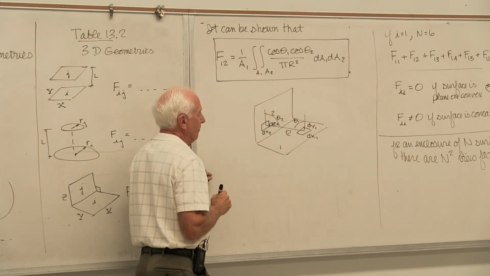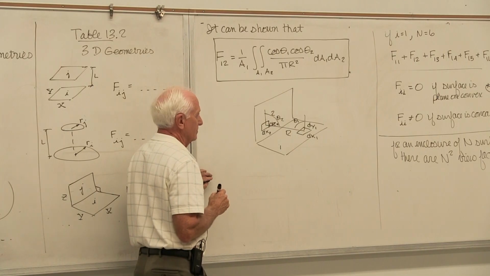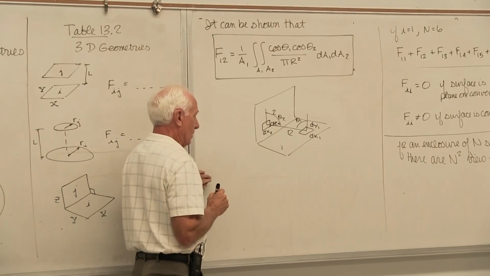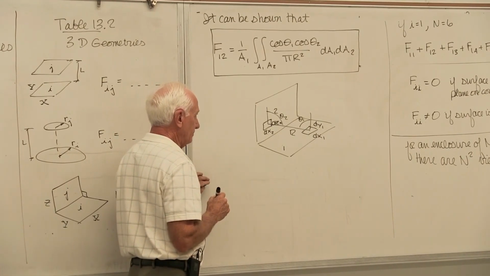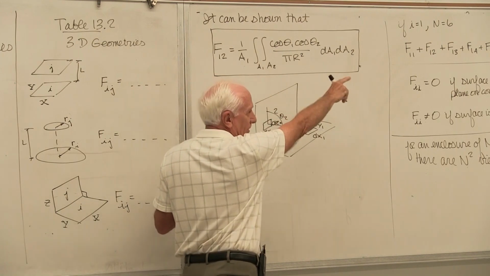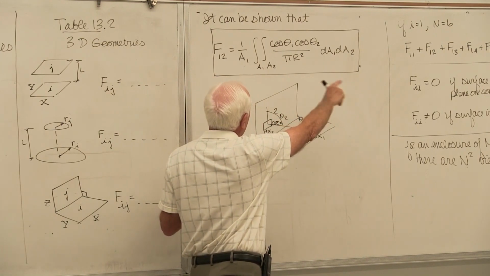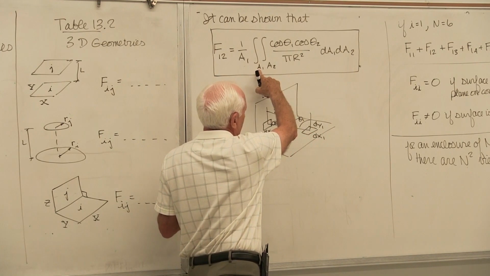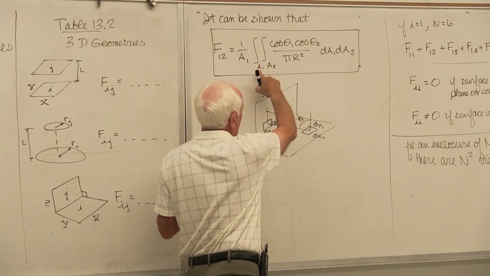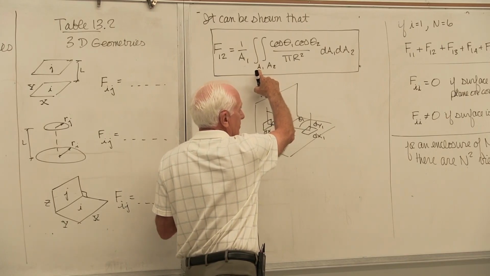Okay, now go ahead and find r in terms of those x1, y1, x2, z2. Go ahead and find cosine theta 1 in terms of the y's and the x's and the z's. This thing becomes humongous. You've got 4 integrals, with respect to x1, y1, x2, z2.